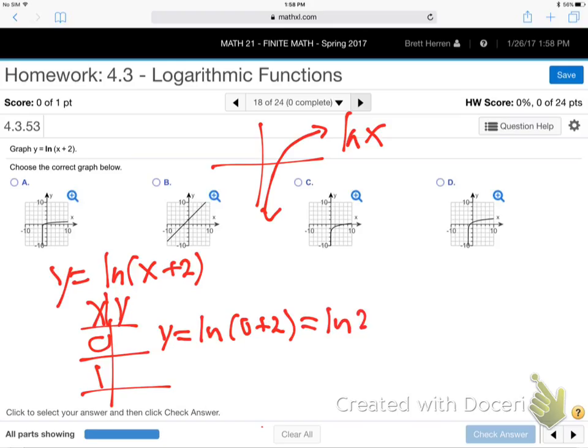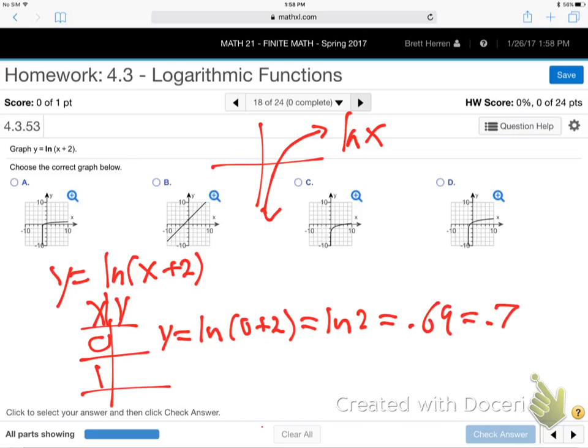So plug in 0. That's natural log of 2. Somebody have natural log of 2? Well, I got my graphing calculator here. Natural log of 2. Okay, I'm getting 0.69. I'm just going to say 0.7.